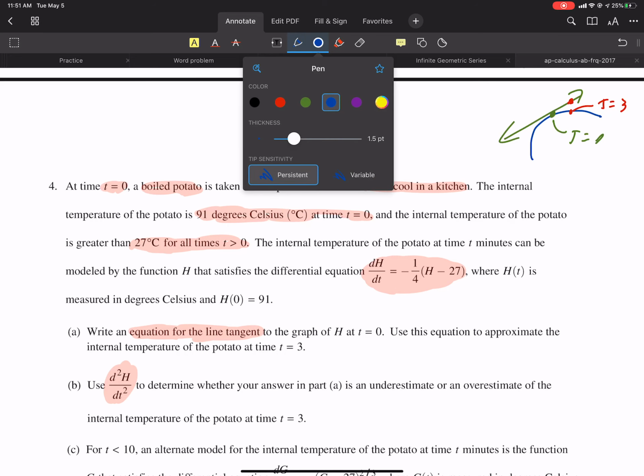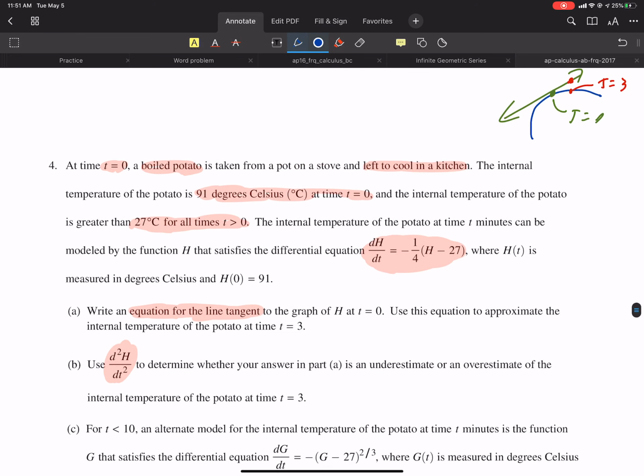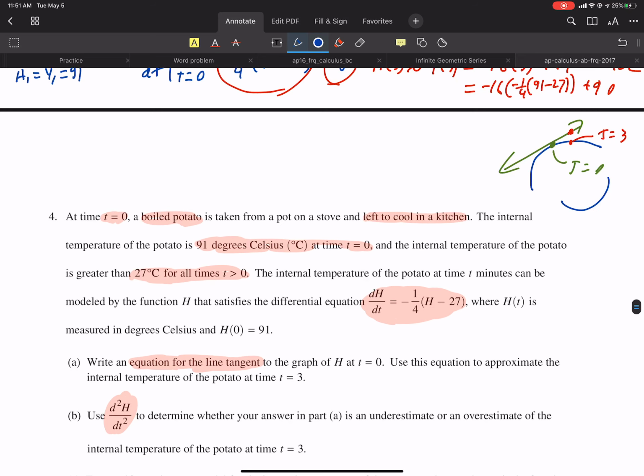So I'll show you where we're heading. If that were my approximation, hopefully you can see the approximation on the bottom one here, it's under, it's too small. Here it's too big. And what determines that?